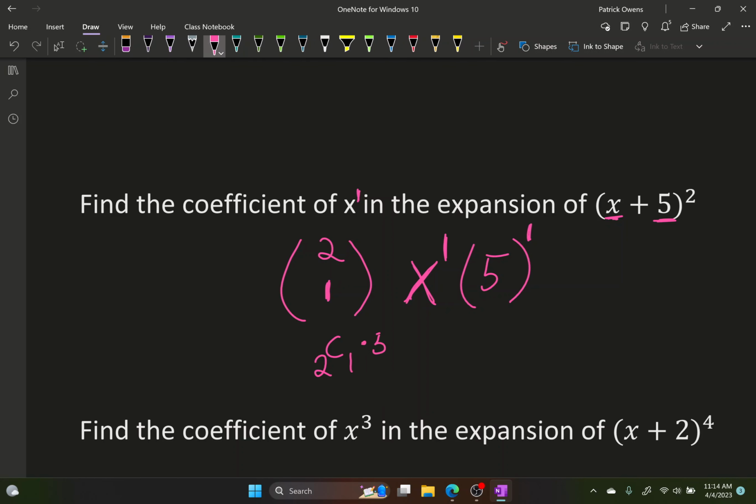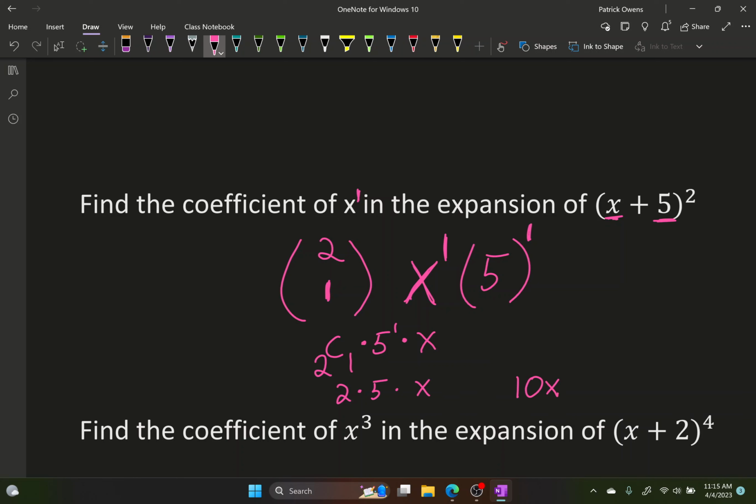So what we would put in our calculation device, let's write this in a different order. This is the entire term. It's 2c1 times 5 to the 1st times x. And here, 2c1 is just 2, 5 to the 1st is 5, and then here's x.